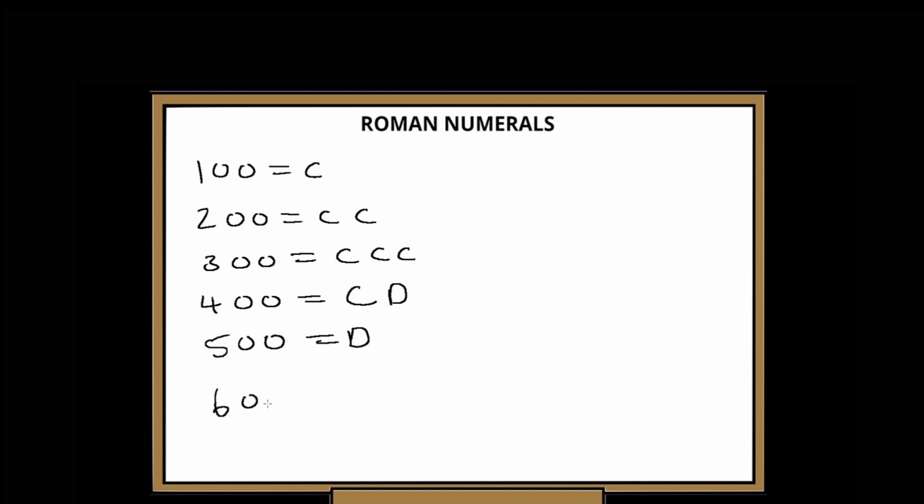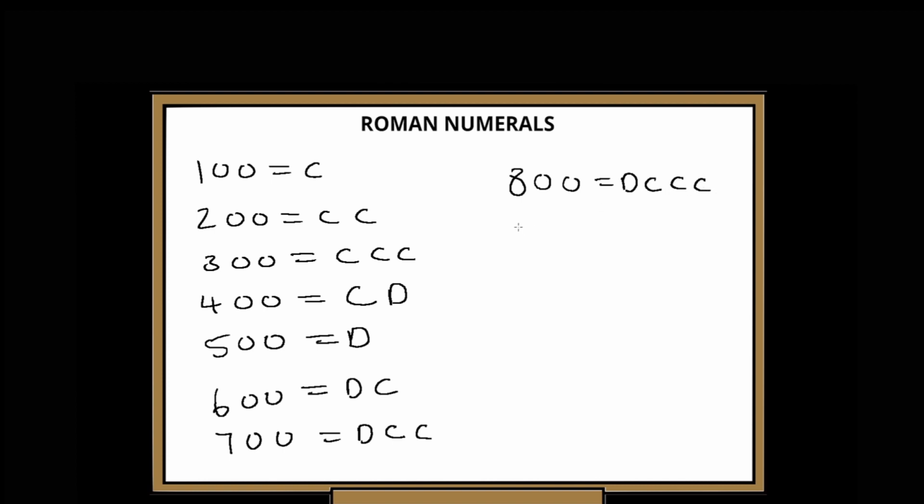So 600 equals DC, which is 500 plus 100. 700 equals DCC. 800 equals DCCC. 900 equals CM, and 1000 equals M.